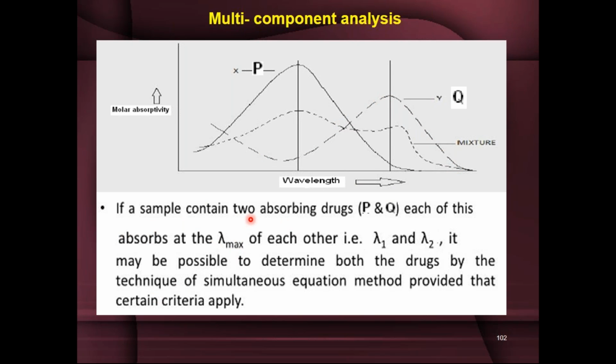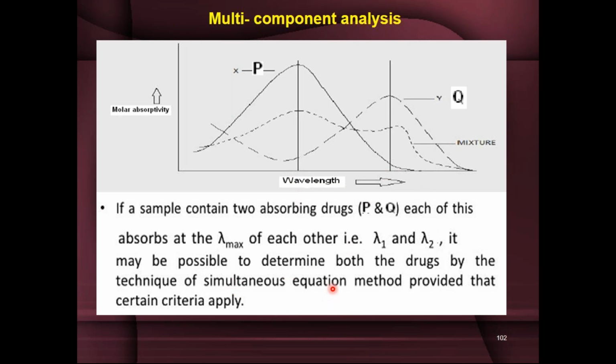Now, if a sample contains two absorbing drugs P and Q, each of these absorbs at the lambda max of the other. You can see this is the lambda max of P and Q is showing some absorbance. Similarly, this is the lambda max of Q and P is also showing some absorbance. Okay. At lambda 1, this is lambda 1, this is lambda 2.